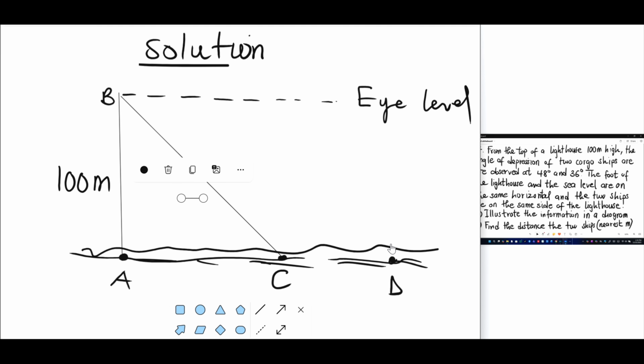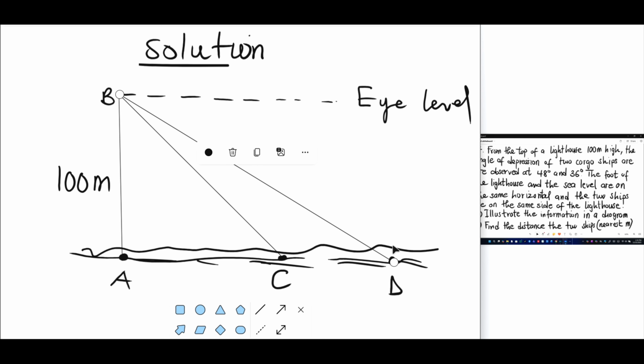Then we have another cargo ship at point D. We still need to connect that one also to where the observer is, the eye level of the observer.